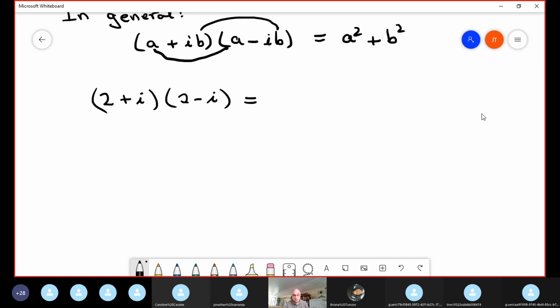Using the shortcut, you multiply 2 times 2 is 4. Always plus, look at that. And the coefficient here is 1, invisible. I don't care if it's positive or negative, it's negative 1. The answer is 5. Do you see that?